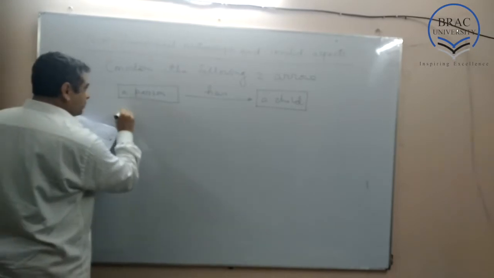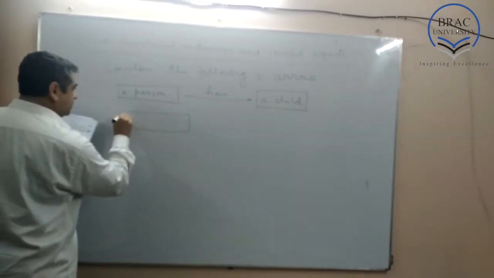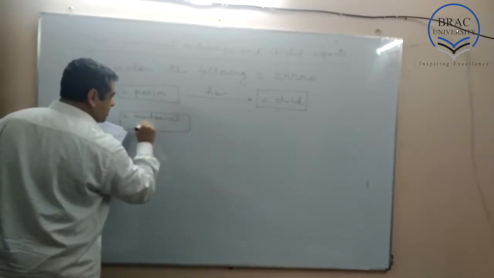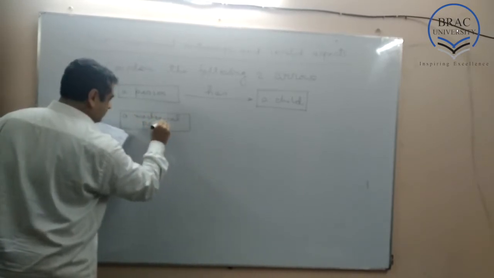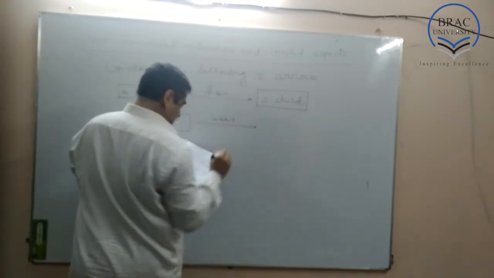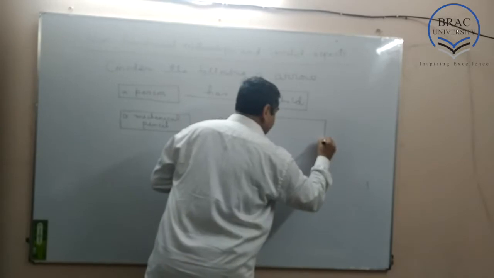The second Olog being a mechanical pencil uses a piece of lead.